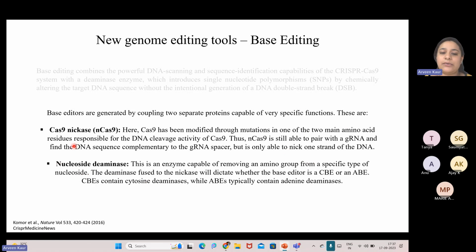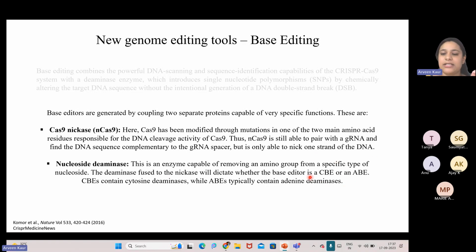Also, the nucleotide deaminase we talked about is an enzyme capable of removing an amino group from a specific type of nucleoside, right? So the deaminase fused to the Cas9 nickase will dictate whether the base editor is a cytosine base editor or an adenine base editor.